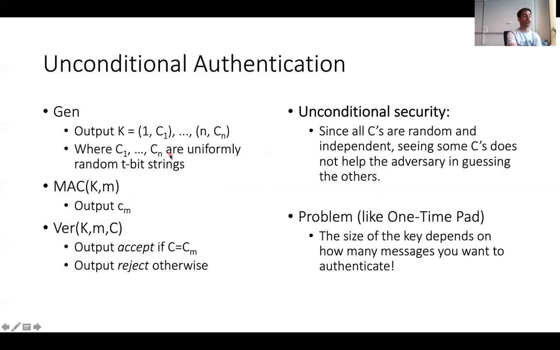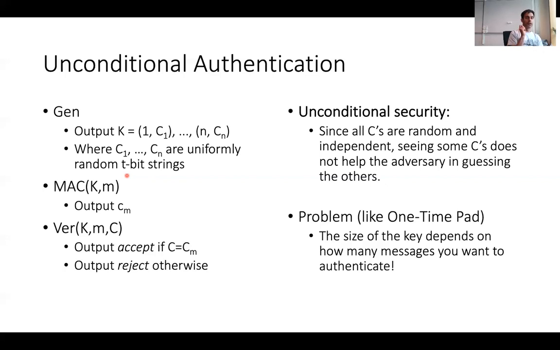So the probability that the adversary will guess the right code, for instance for message 2, if he has not seen the code for message 2 before, is going to be 2 to the minus t, where t is the length of the MAC. This is interesting because when we talked about confidentiality, the one-time pad was perfectly secure, meaning that the adversary had zero advantage to win the security game.